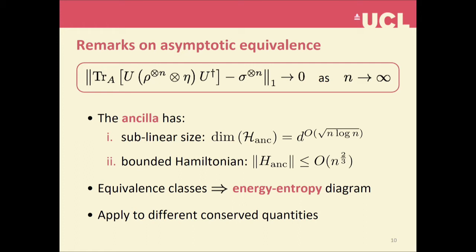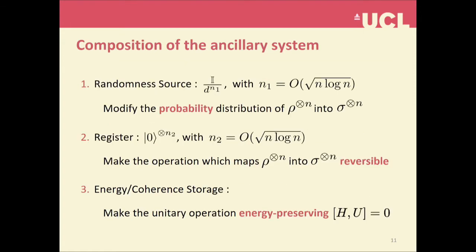Before we consider the energy-entropy diagram, you might be interested in understanding a bit better why this ancilla is there. Well, there are three main reasons why we are using this ancilla. First of all, in order to map n copies of rho into n copies of sigma, we will have to modify the probability distribution of the initial state into that of the final one. Indeed, we need the ancilla to be there to provide a source of randomness to be able to actually modify the probability distribution.